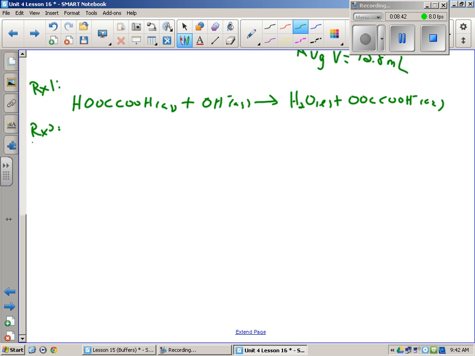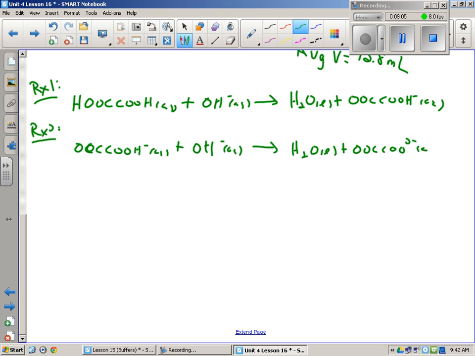You'll take the OOCCOOH minus and react it with some more strong base from the burette, to give you, once again, proton donor, proton acceptor, water, and OOCCOO2 minus. All right? We are going to add those 2 up to get your net reaction.